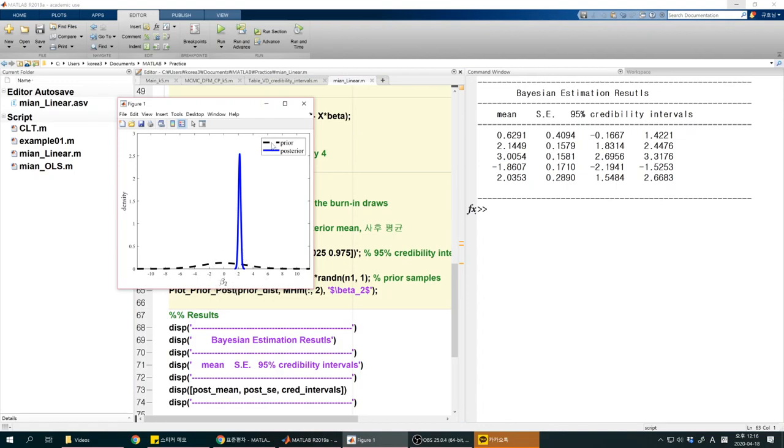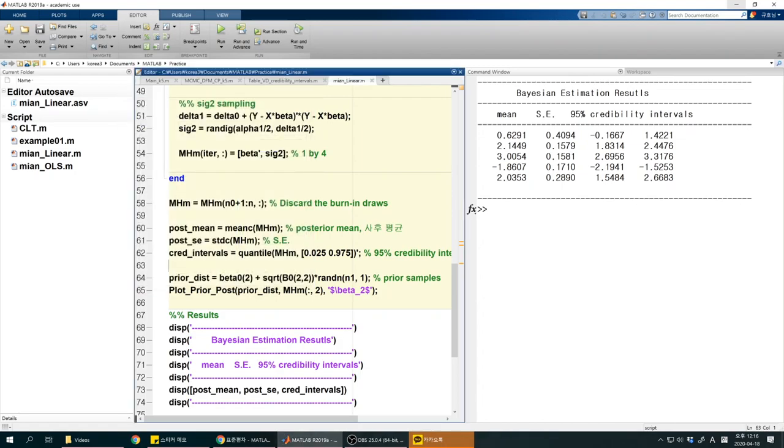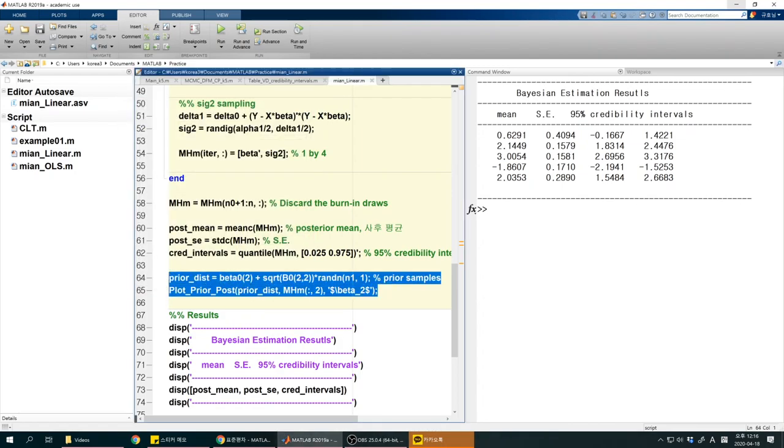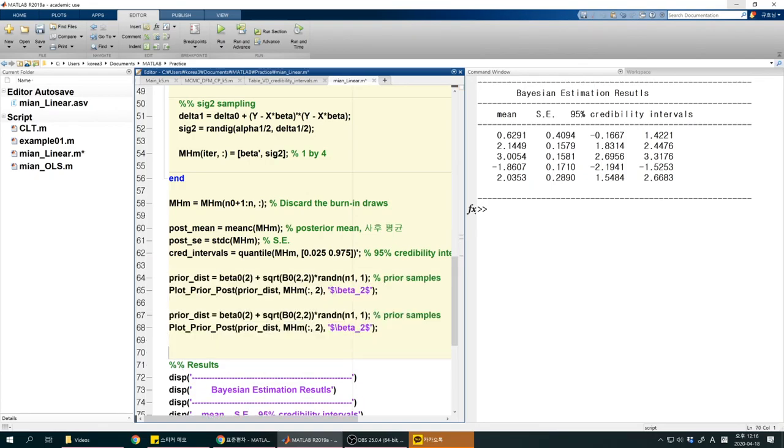If you try to plot the prior and posterior distribution for beta 3, this is just 3, 3, 3 and MHM3, and of course the title must be 3.